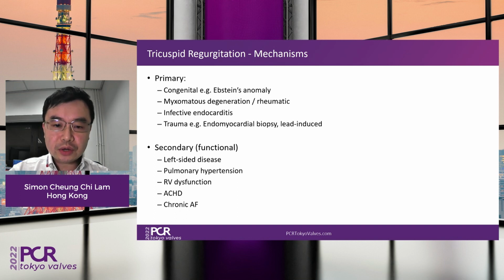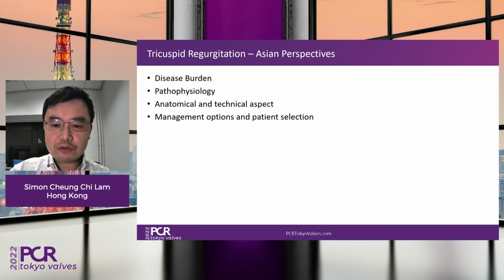Primary causes include congenital, including Ebstein anomaly, myxomatous degeneration, rheumatic, infective causes like infective endocarditis, and trauma induced by leads or endomyocardial biopsy. Secondary causes are most commonly related to left-sided disease, primary pulmonary hypertension, ventricular dysfunction, other types of congenital heart disease, and chronic atrial fibrillation.